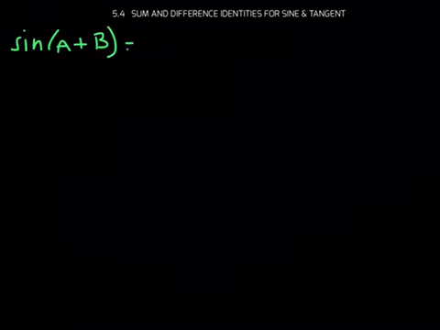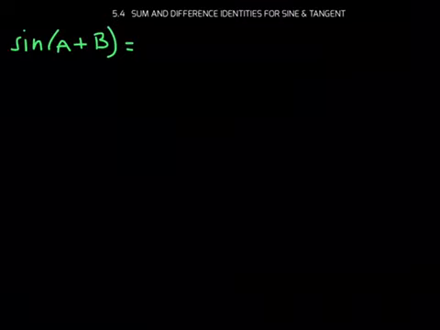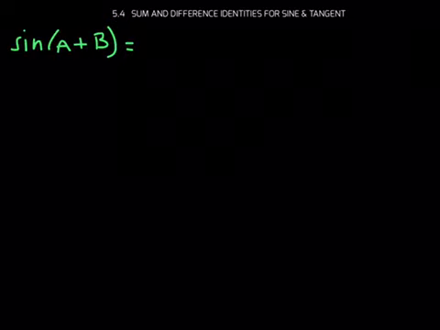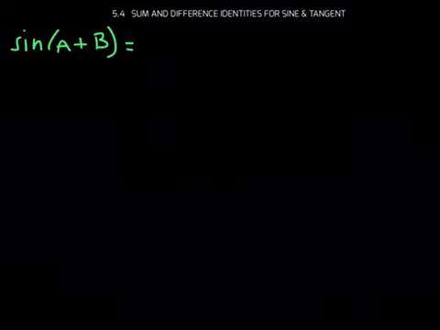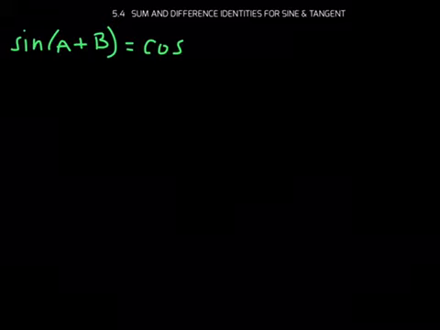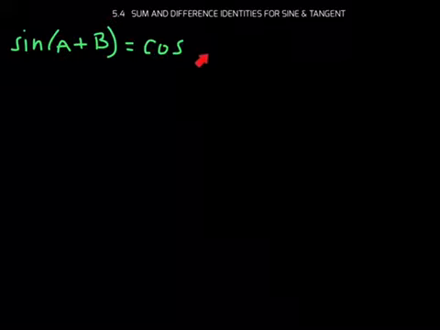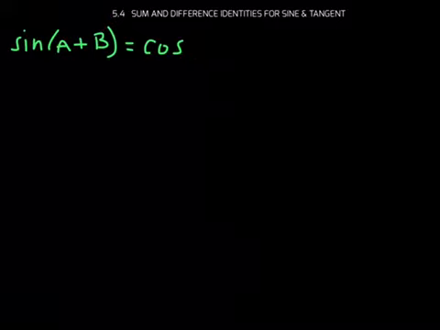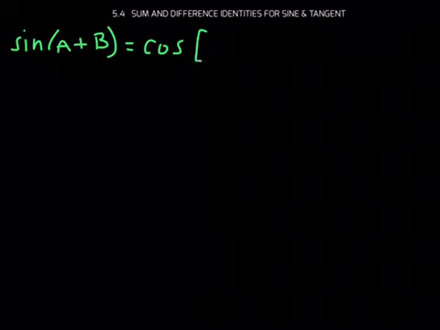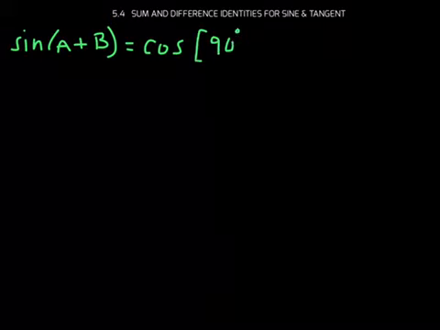By earlier studies, we know that cofunction values of complementary angles are equal. So we know that sine of a plus b will be equal to cosine of the complement of a plus b. Sine and cosine are cofunctions, so what I must write here is the complement of a plus b, which is 90 degrees minus a plus b.